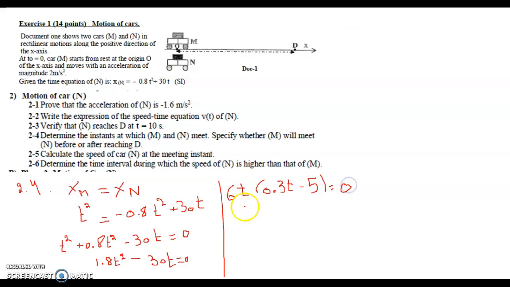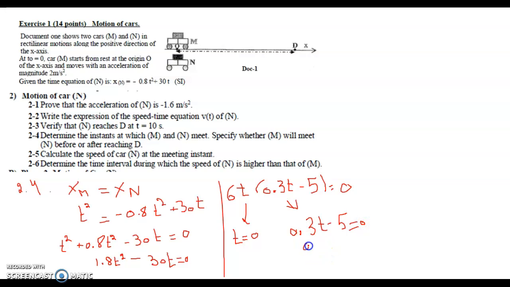So we say that either t is equal to 0, which is the initial instant from which they started, from the initial position. So this is not the required time. We want to find out when will they meet later on. So solving the other factor, 0.3t minus 5 equal to 0.